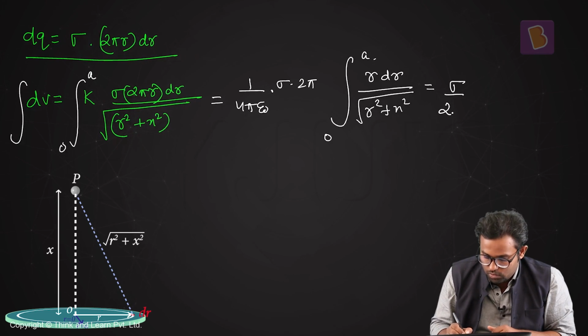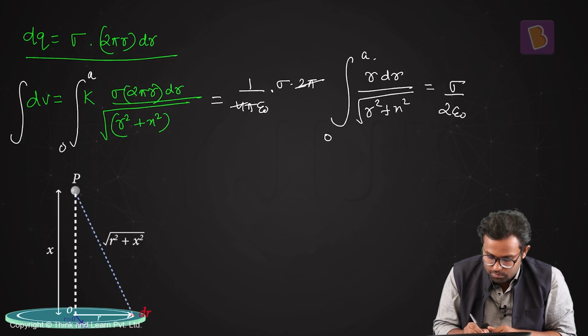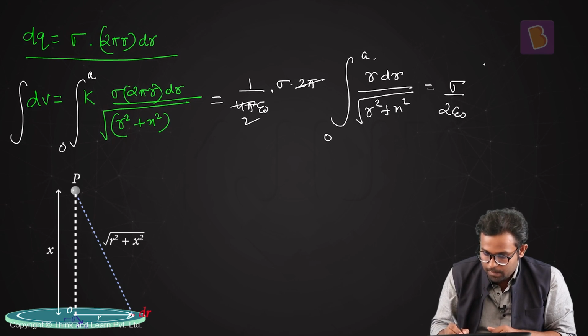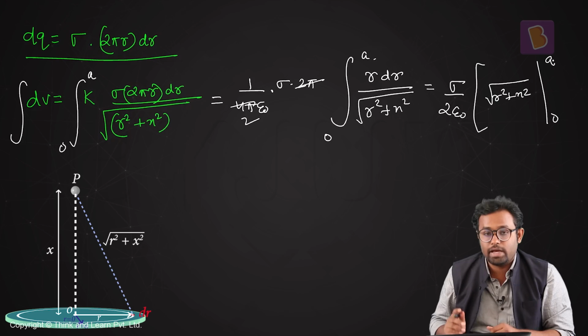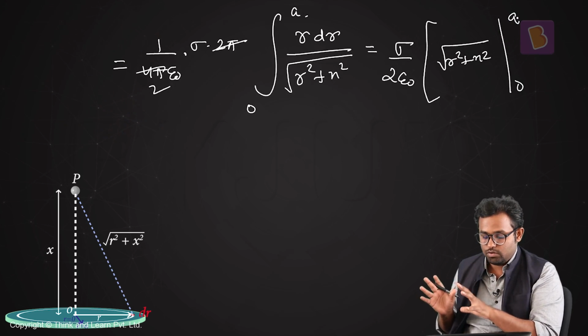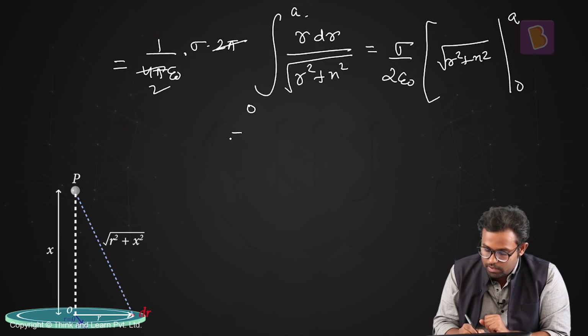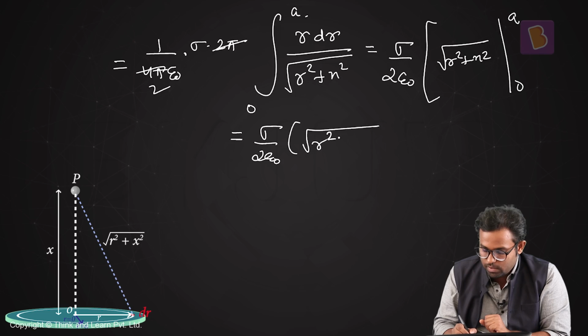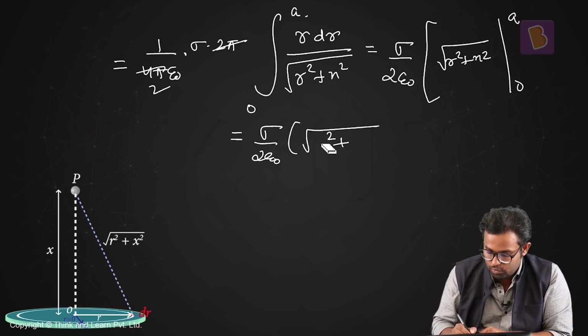sigma by 2 epsilon naught, right? Because this 2 pi becomes 2, sigma by 2 epsilon naught times root over r square plus x square going from 0 to a. So I encourage you to try to do this integration on your own. Now this will be equal to sigma by 2 epsilon naught times root over r square plus x square, and this r will become a when you plug it in.